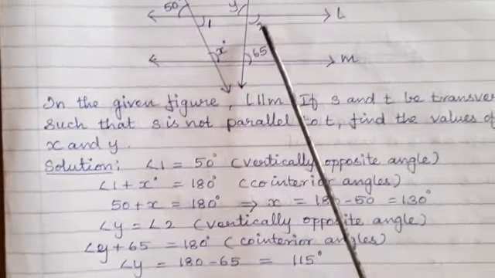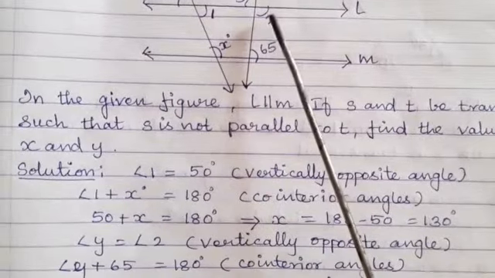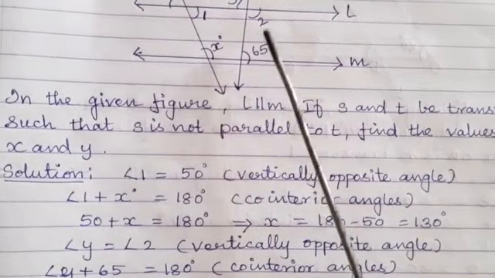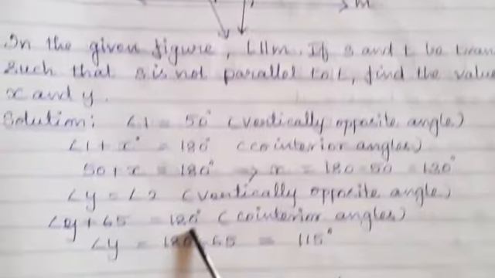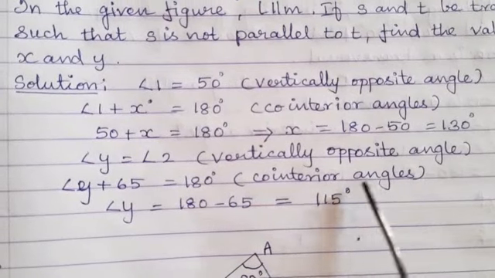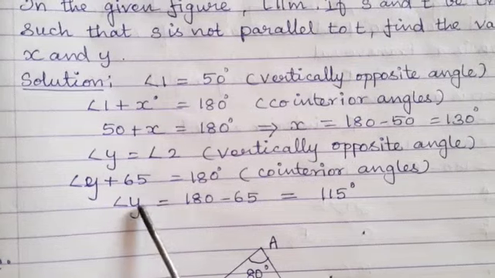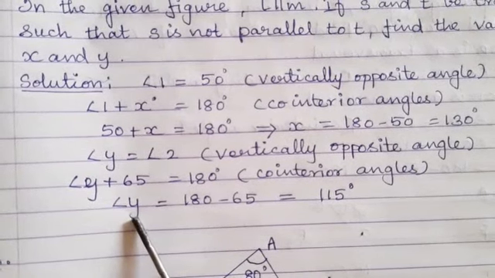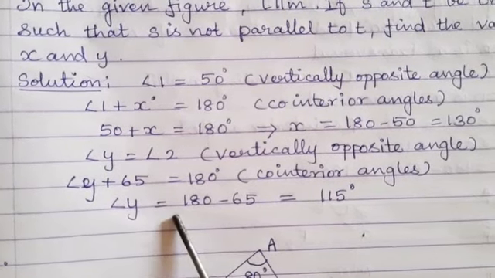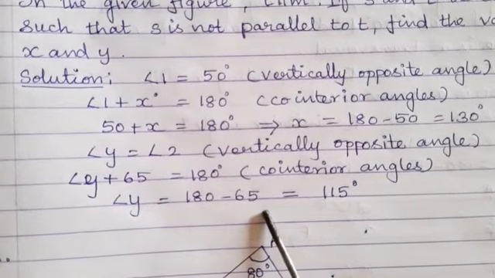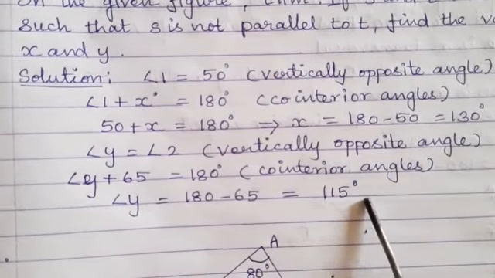We know angle 2 plus 65 is equal to 180 degrees, that is co-interior angles. So now we have to find out angle Y. Angle Y equals 180 minus 65, which is equal to 115 degrees.